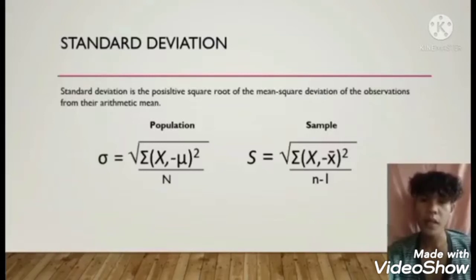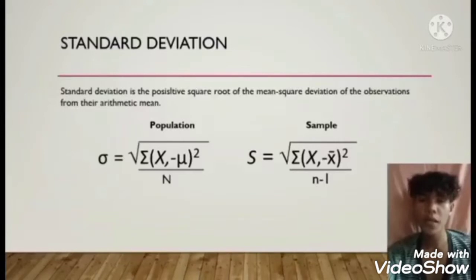The next form is the sample standard deviation. Let's say you have just a sample of a population, not the entire population, then you want to use this form.